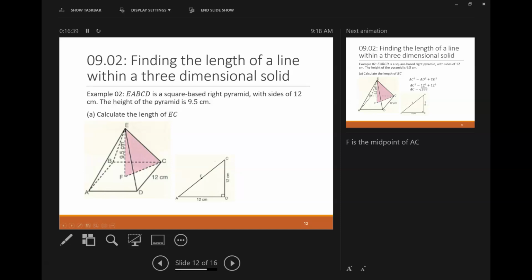So I can just find my answer for AC and divide it by 2. Or you could have done what I started to say initially with the midpoint there. Either would be okay. Are we okay there? Yes. Now we have enough to find our side EC.